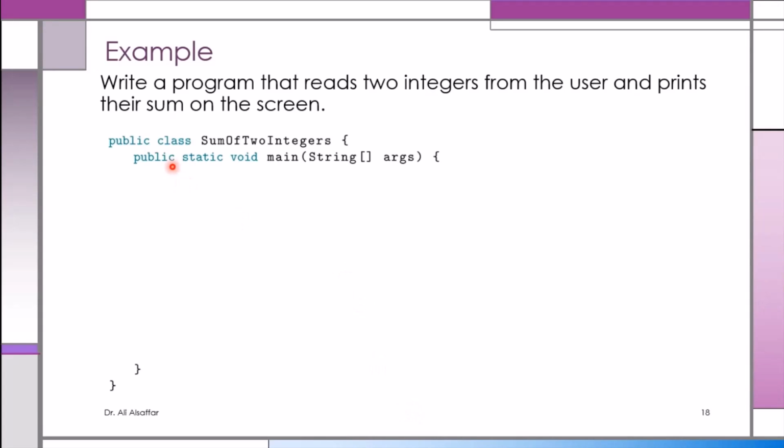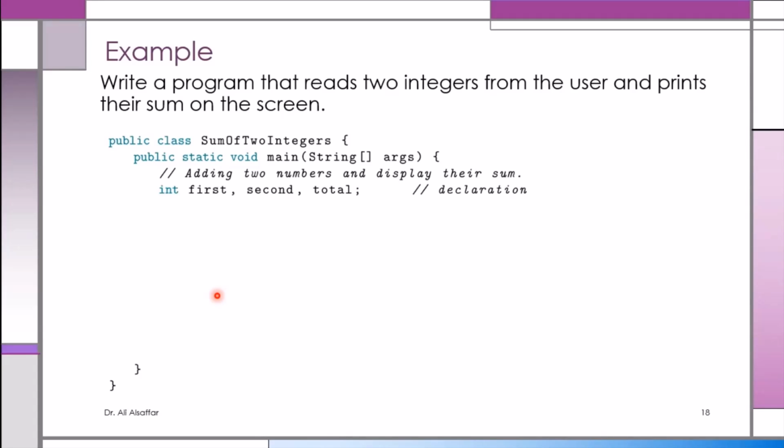First you put the 4 lines that we need for our program, and then we write our program inside. You prepare your program for input: you write import java.util.Scanner, and then you define your Scanner variable inside.